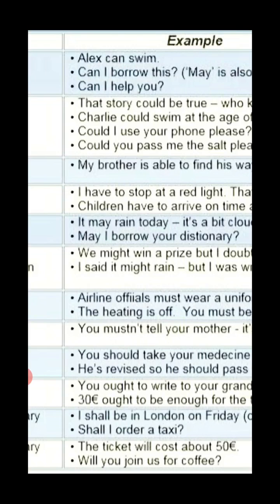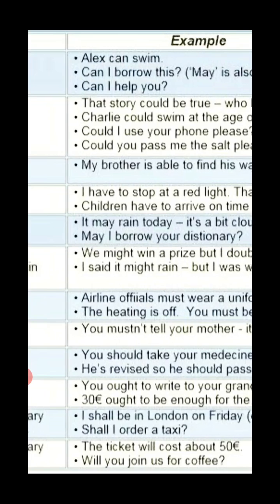Over here, you can also write down in place of order, call. Shall I call a taxi? So someone is offering someone else to call a cab, a taxi.